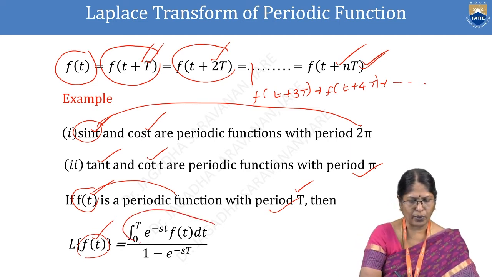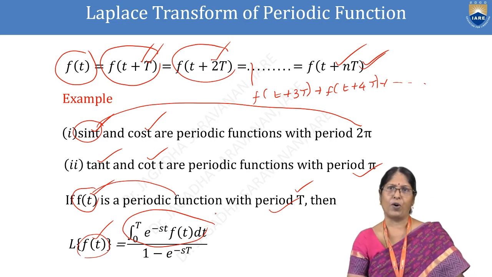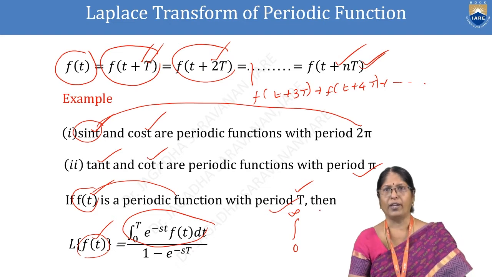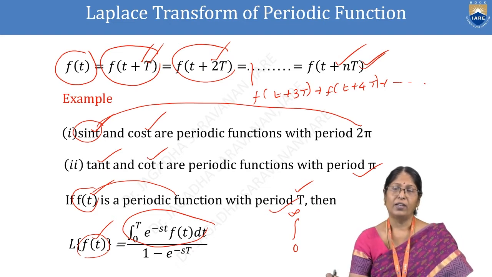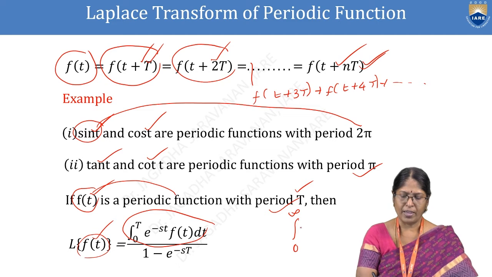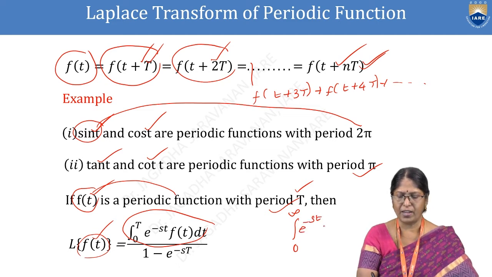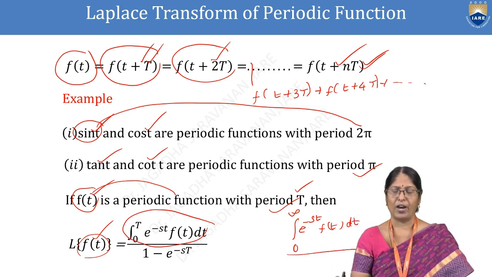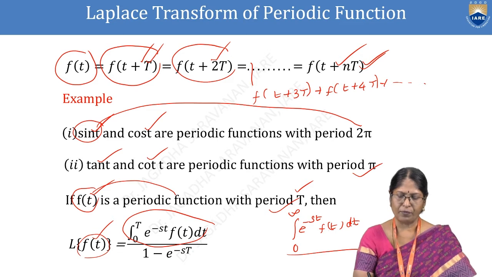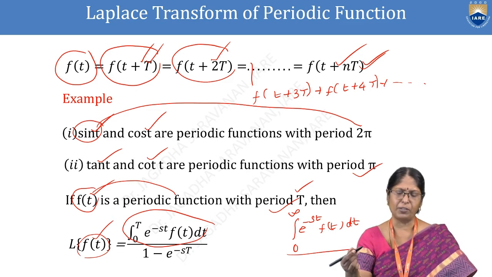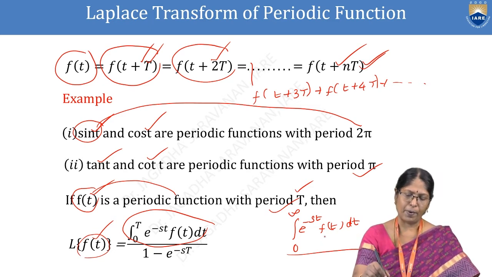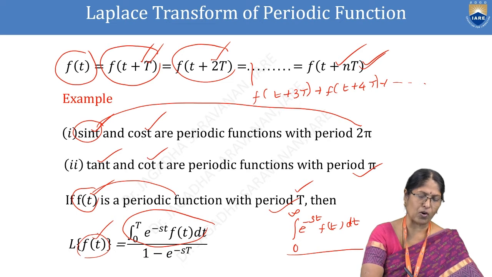The Laplace transform formula we know is the integral from 0 to infinity of e power minus st f of t dt. What is the difference between this formula and the Laplace transform of a periodic function?